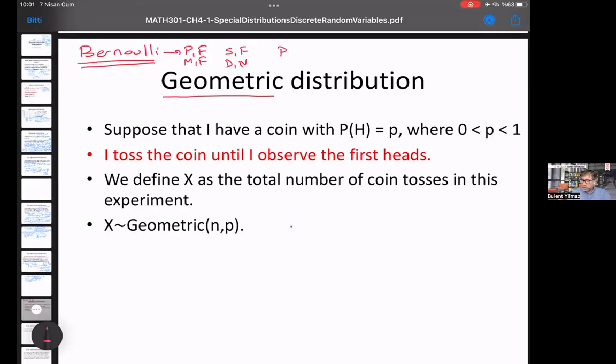Then we went into the binomial distribution. It has a specific type, and we are trying to find out of n occurrences, I'm interested in k occurrences of something.